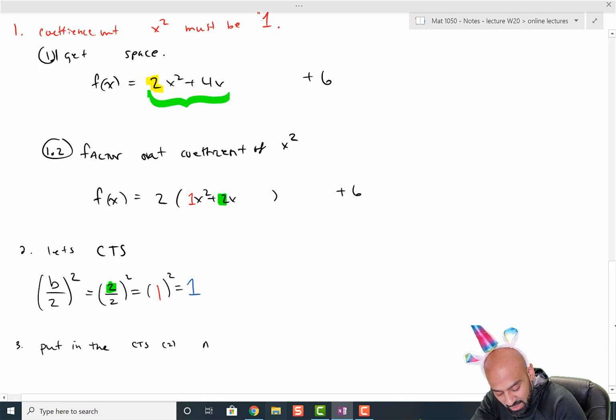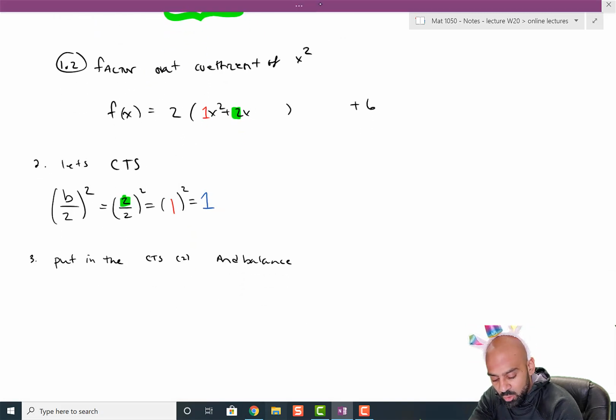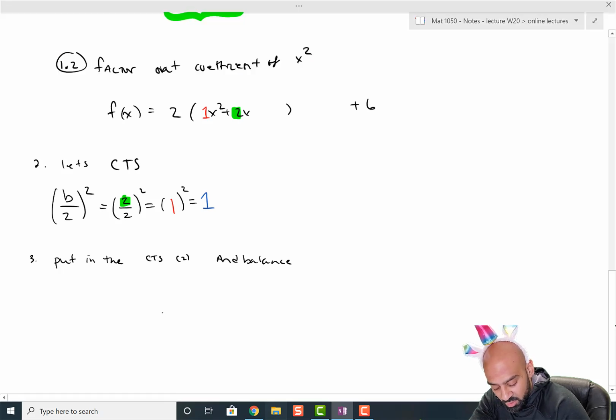And balance it out. Okay, and notice I didn't say put it in and take it out. I said balance it out because you don't necessarily know what number is there until you start thinking about it. It's not always 1-to-1 because it's nested inside of a parentheses. So you get f of x equals x squared plus 2x, right?